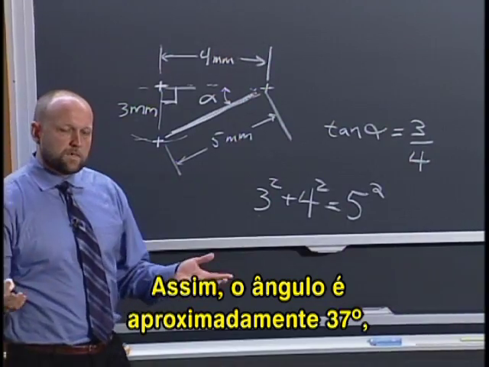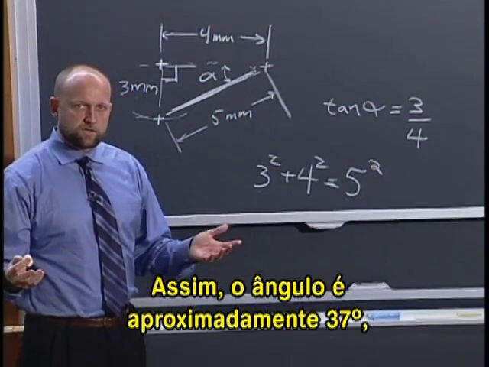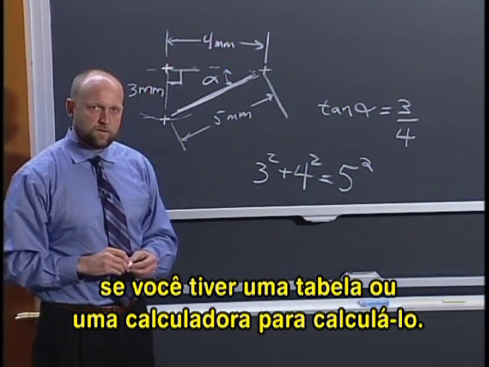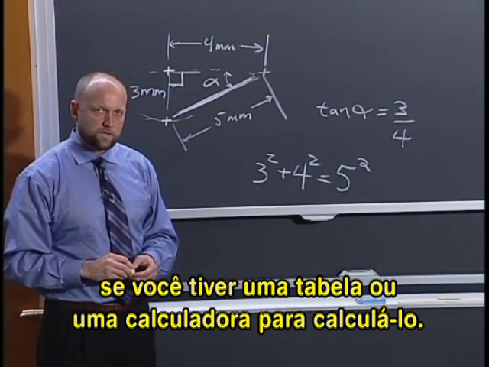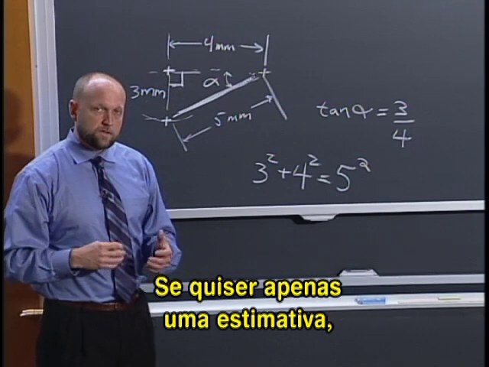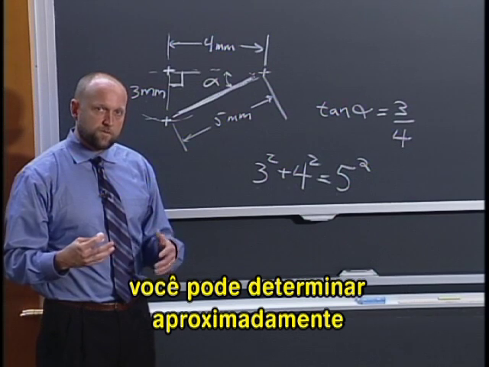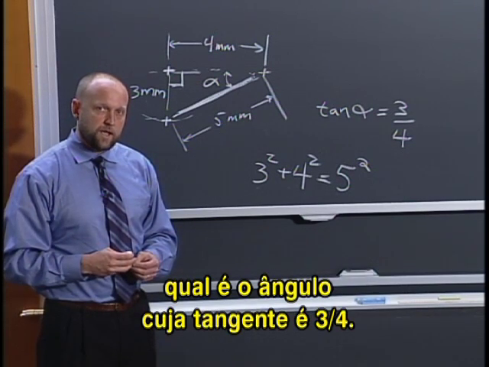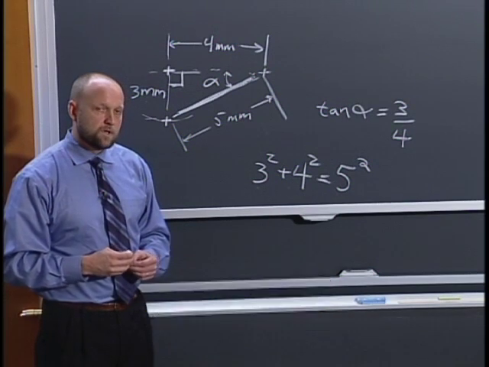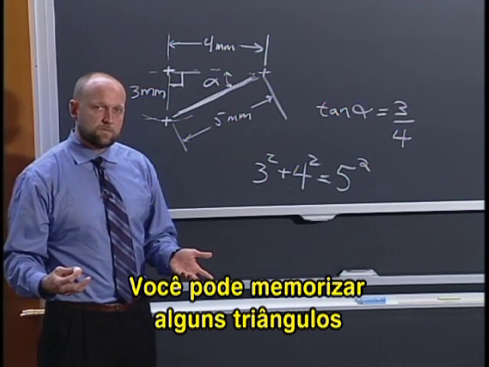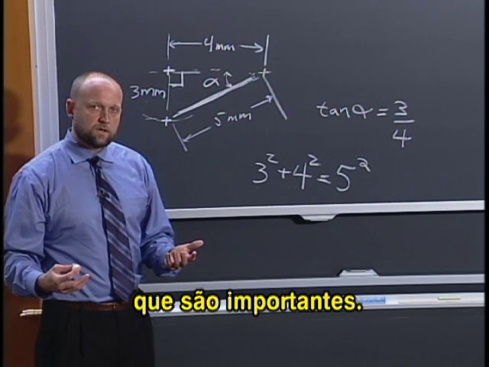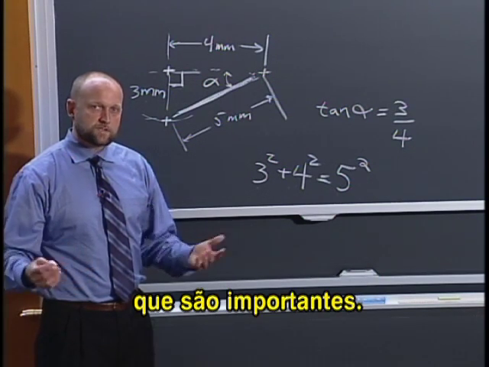Therefore, the angle is roughly 37 degrees if you happen to have a table or a calculator that can make this calculation. If you just want to estimate roughly the angle whose tangent is 3/4, you might try to remember some of the triangles that are important benchmarks.